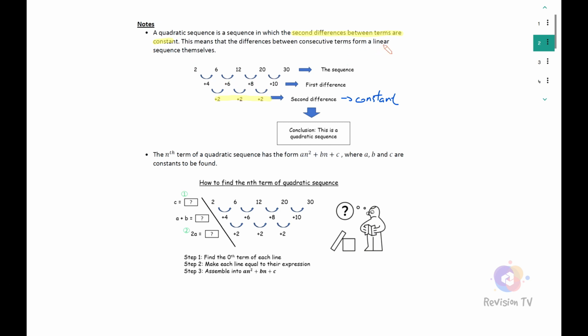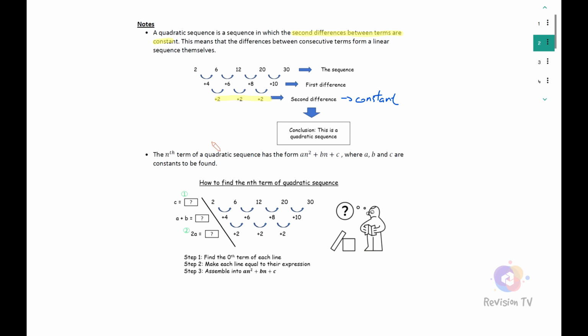If you forgot, a linear sequence means you're adding or subtracting the same number. So we conclude the sequence on top is a quadratic sequence. The main definition is that the second difference is constant. It means it's the same throughout.